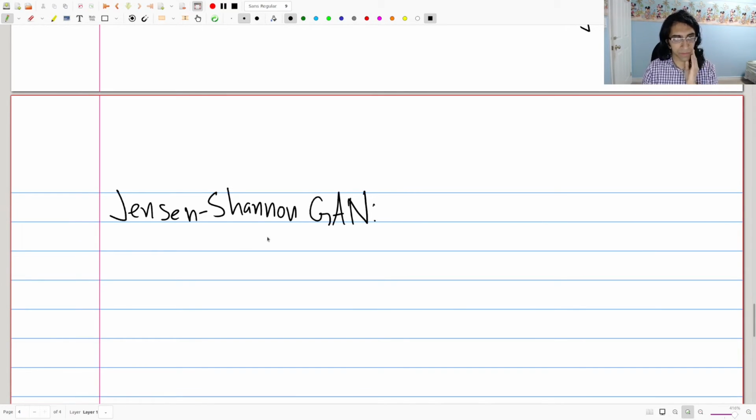Yeah, there's pretty much infinitely many different GANs, you'll see them with all sorts of letters in front. But here JS GAN means the Jensen-Shannon GAN, and it's something very similar to the KL divergence, but it is actually a little bit nicer in certain ways, in the sense that it is symmetric.